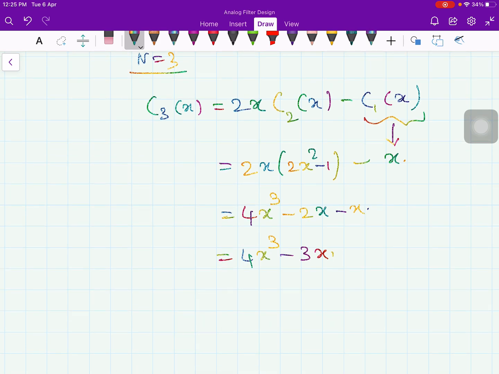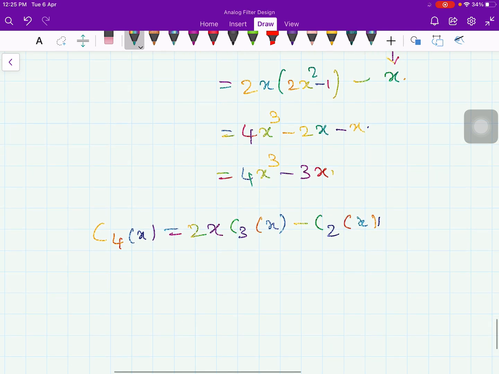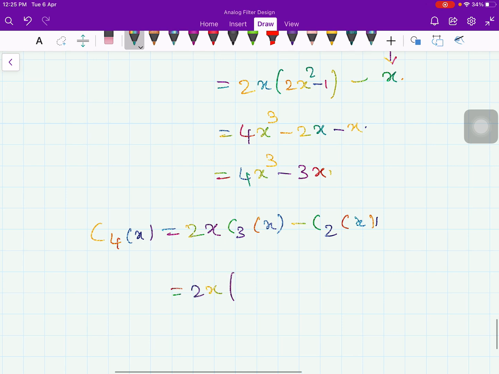In a similar way, you can find out C4 of x. C4 of x is again 2x times C3 of x minus C2 of x. And then 2x times C3 of x is this one, 4x cubed minus 3x, minus C2 of x. What is C2 of x? 2x squared minus 1.